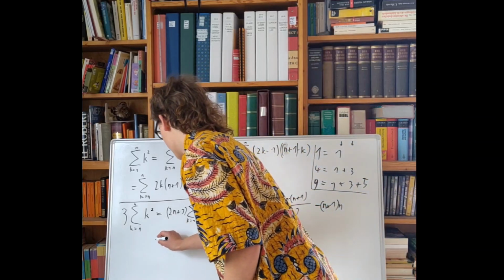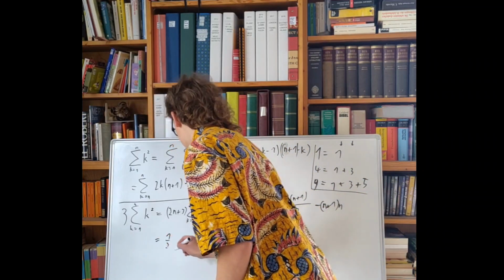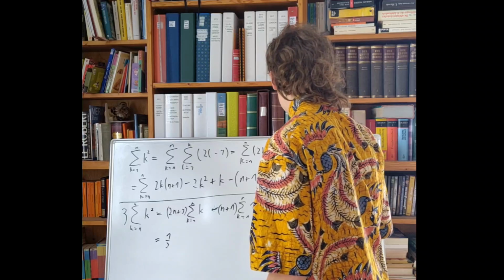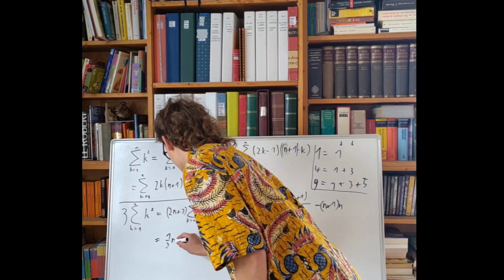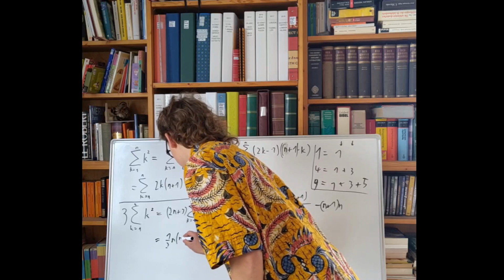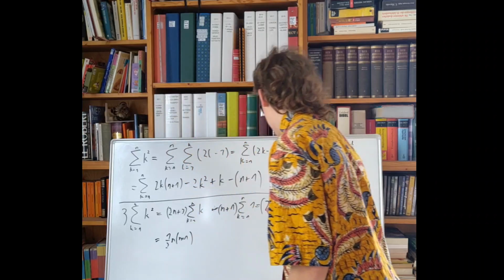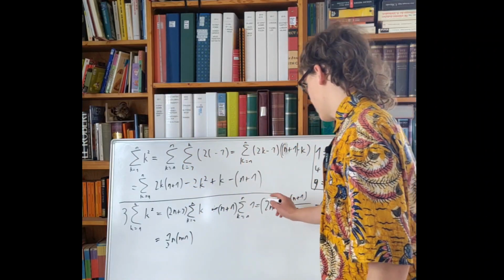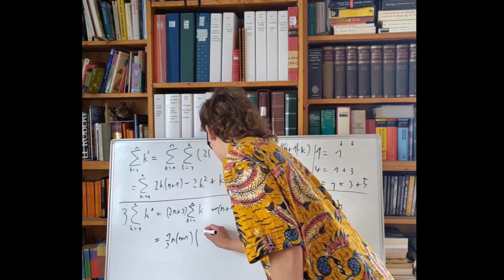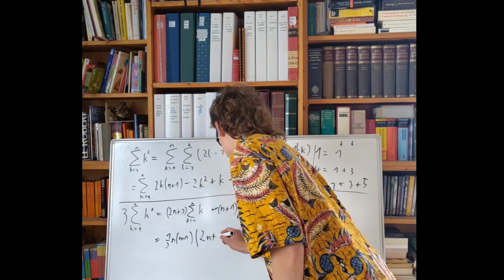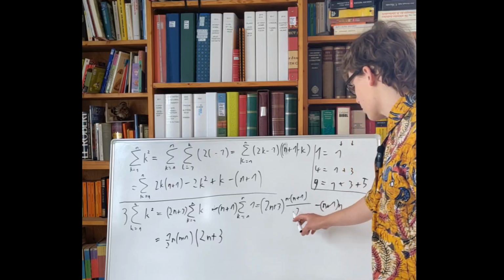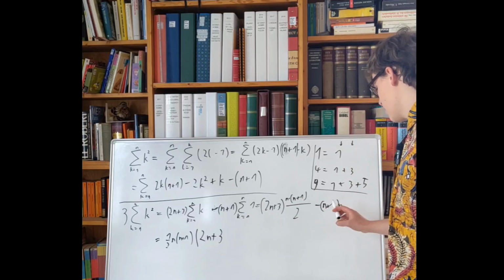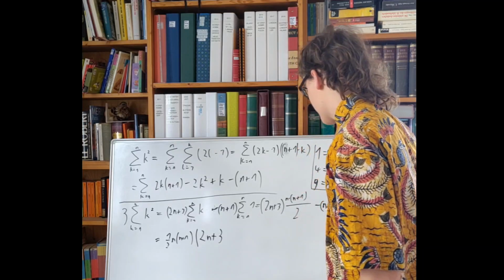And now we can pull some things together. So first of all, let's start with the 1/2 and factor out n and n plus 1, because both of these things have it. And then we get times 2n plus 3. And this is 2, because we have pulled out 1/2, so we subtract 2.